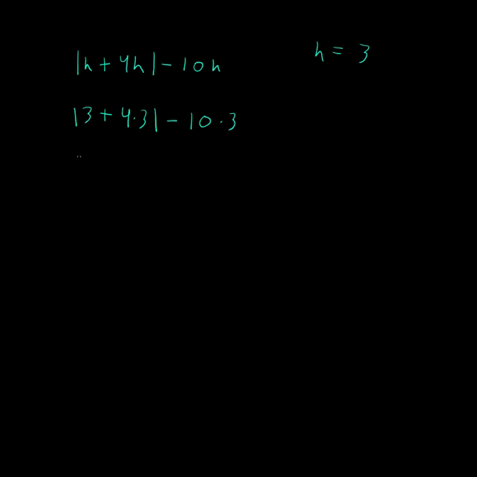Well, 13 plus 4 times 31, that'd be 4 times 12 minus, let me make sure I did that right, yeah, minus 10 times, so 30, so 13 plus 124, that'd be 137 minus 30, so I get to 107.